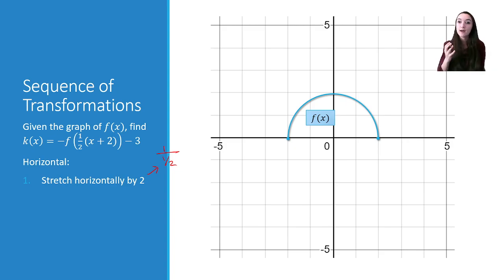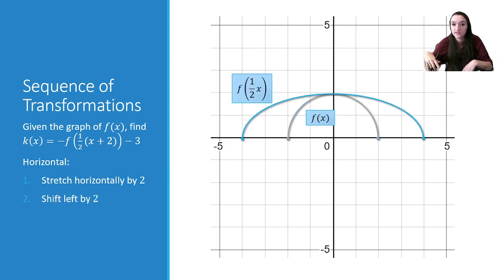What that means is I'm going to take this graph and pull it away from the y-axis by 2. I'm going to multiply everything by 2, pulling it away from the y-axis. So it's going to look like this. It's twice as wide, essentially. So that's f of 1/2 x.